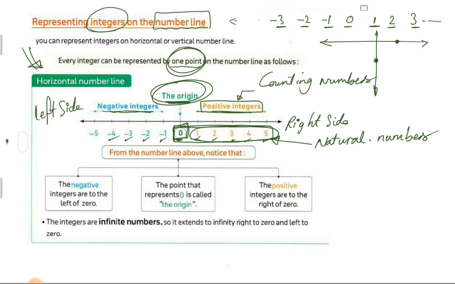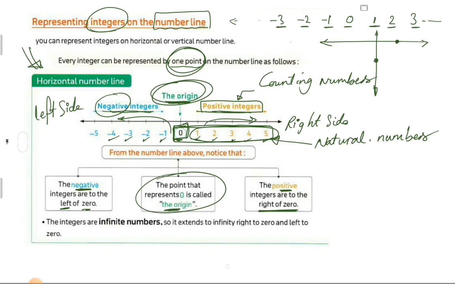From the number line above, we know that the negative integers are on the left of 0. We have 0 here. The left side is the negative, and the positive is on the right of 0. The point that represents 0 is called the origin.